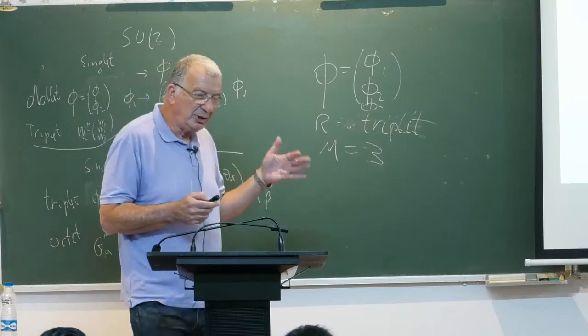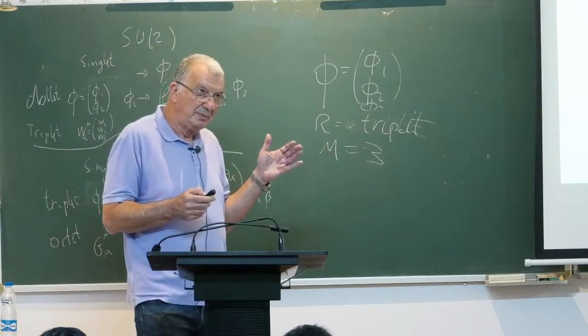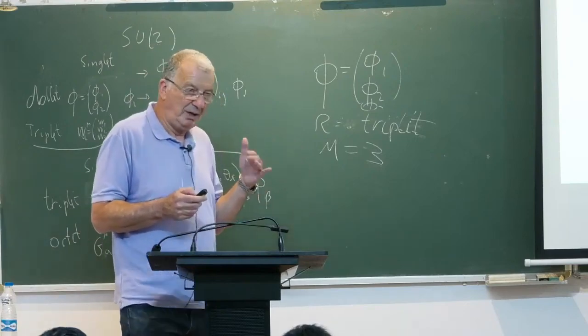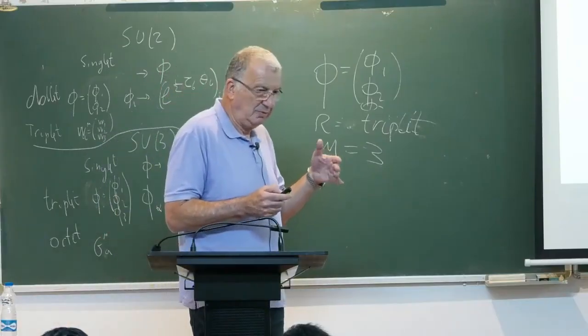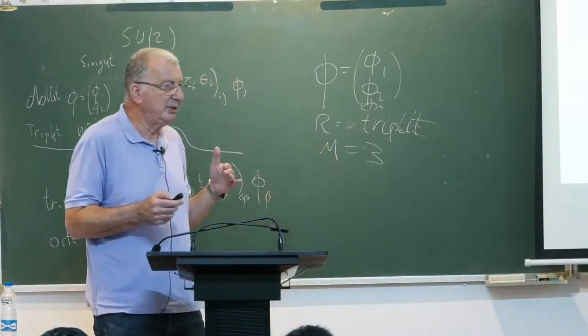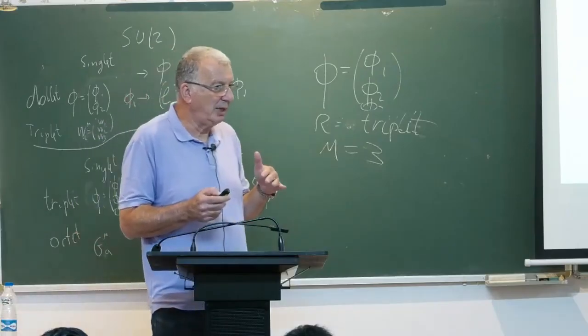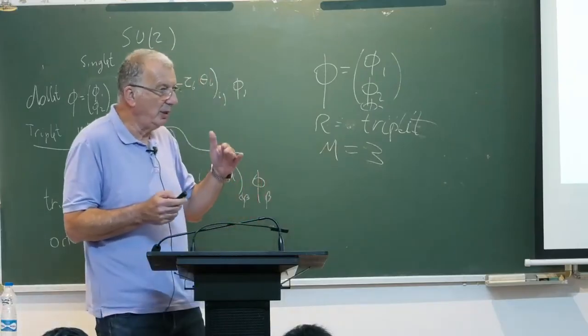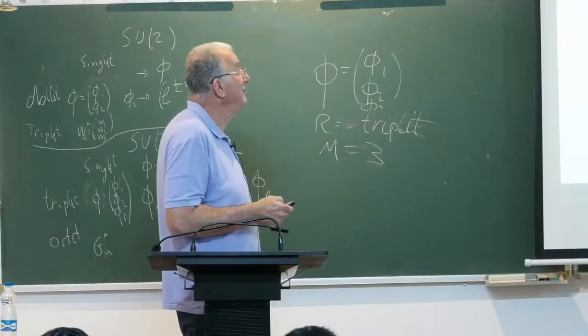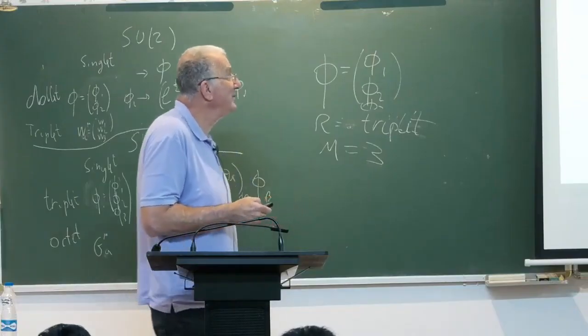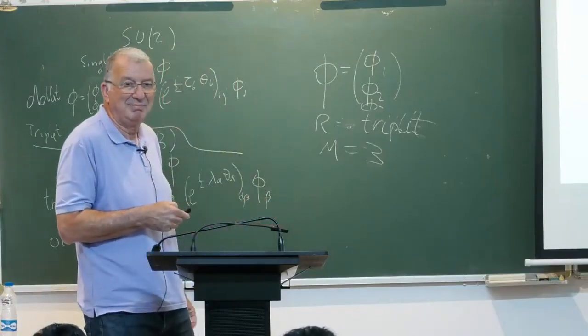Now this G1, G2, G3, when you measure them in a process, their value depends on the energy scale at which this process takes place. It changes from one energy scale to another, and the term that we use for it is that coupling constants run.